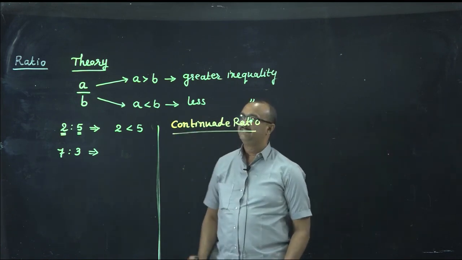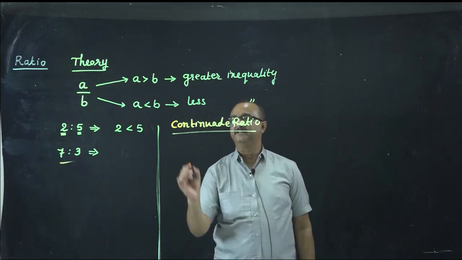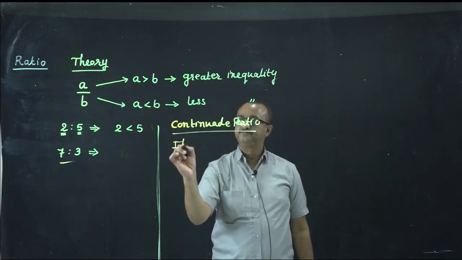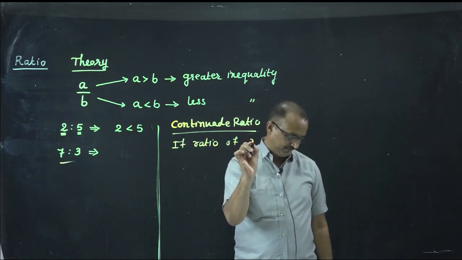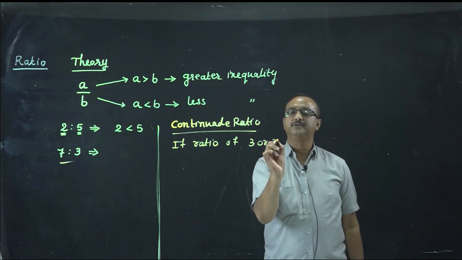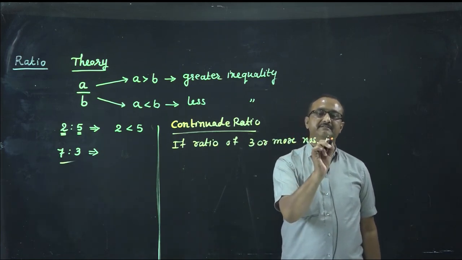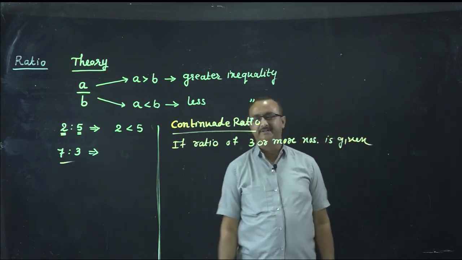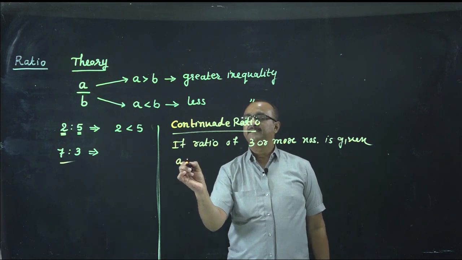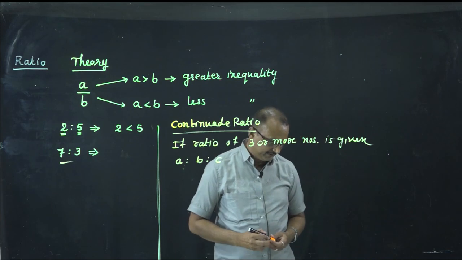If two terms are given, it is called ratio, but if ratio of three or more numbers is given, it is called continued ratio. For example, A is to B is to C. It is called continued ratio.